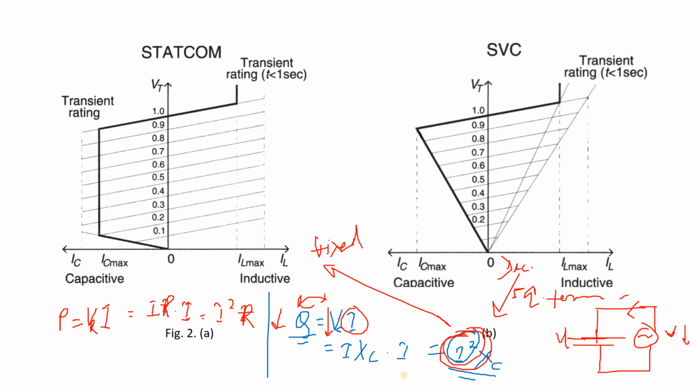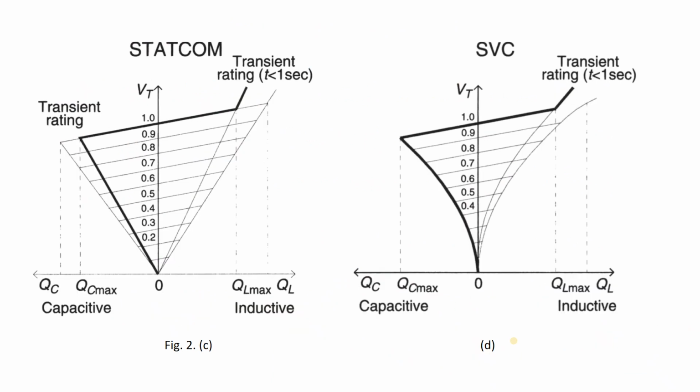Okay, so here the current is fixed, but the reactance will decrease. For the SVC it is decreasing by square terms, along with the reactance decreasing, so it is decreasing more than square terms, rather I would say. That is why the decrease is like this.